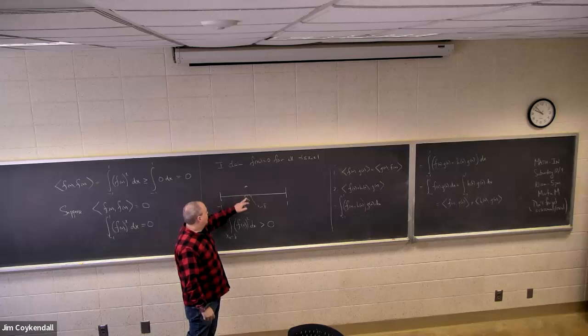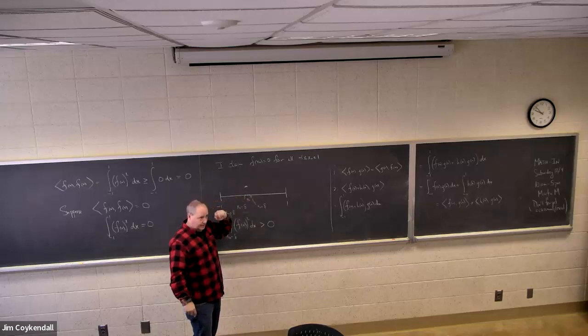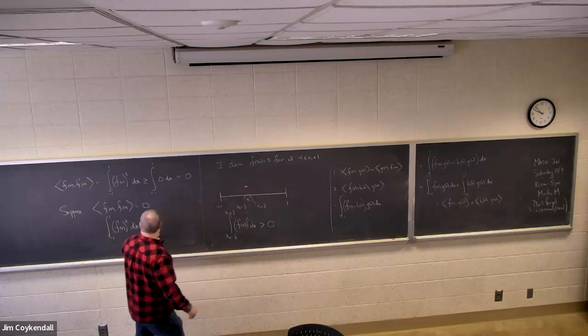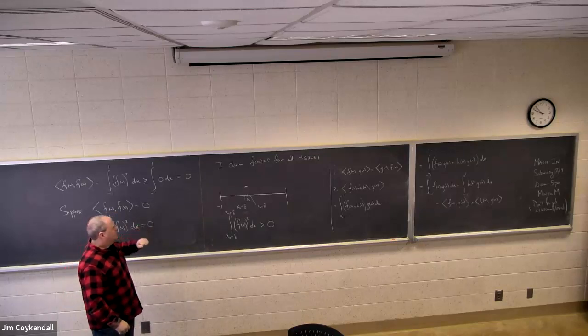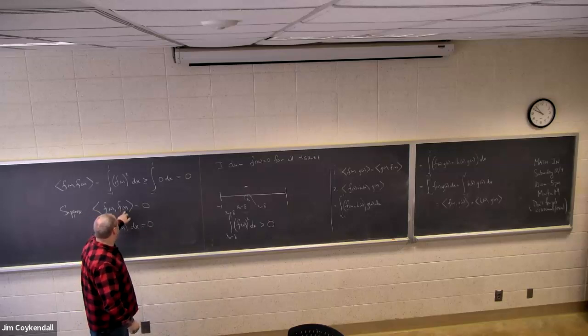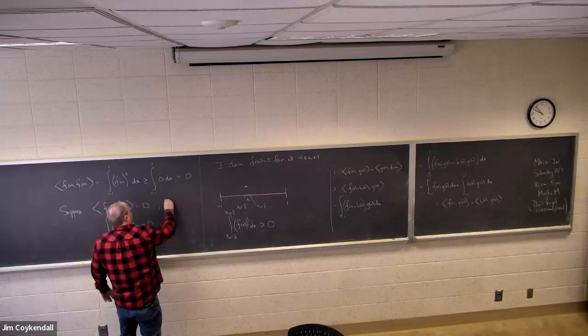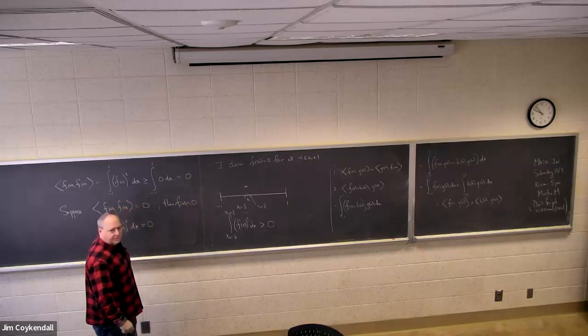And so since the integral from here to here is positive, the integral all the way from here to here has to be positive because it can never be negative, right? So that's essentially it. If you're ever above the axis here, then your integral can't be 0. So that means that if the inner product is 0, then f of x is the 0 function.